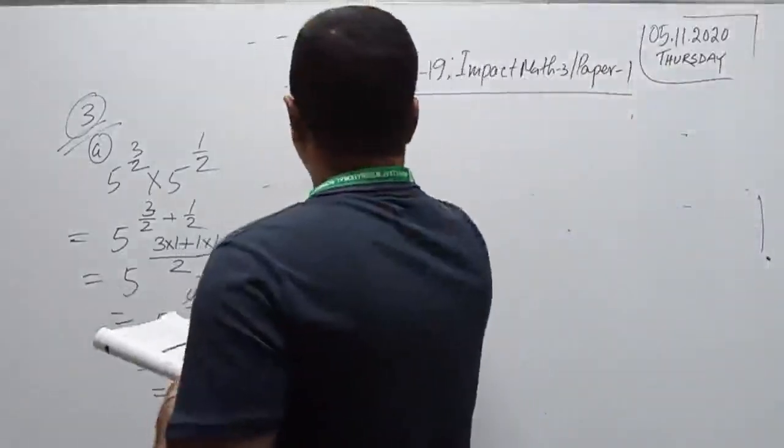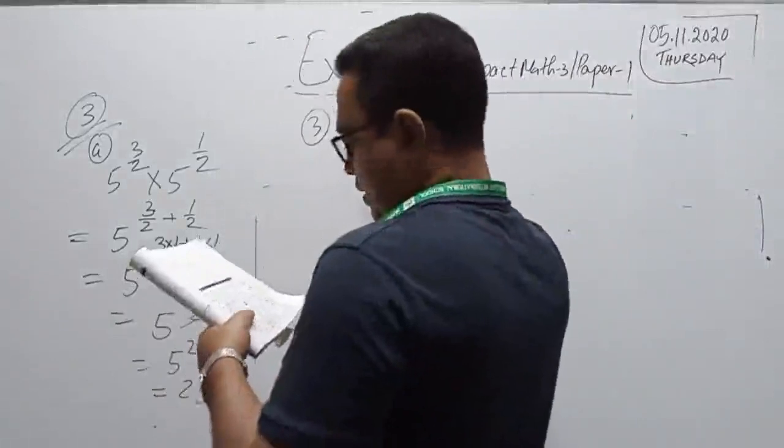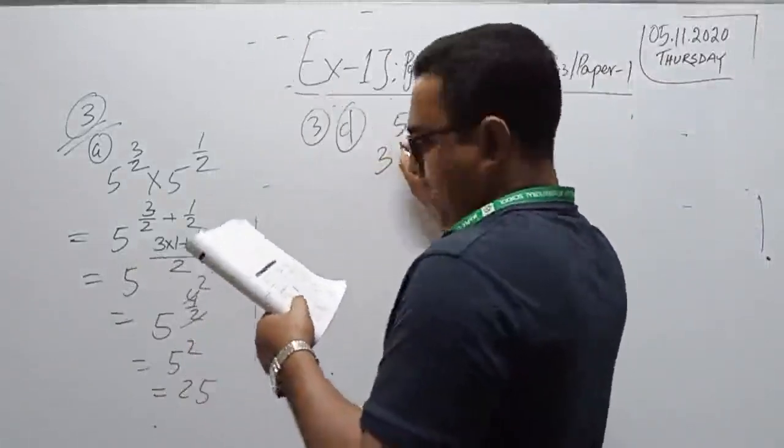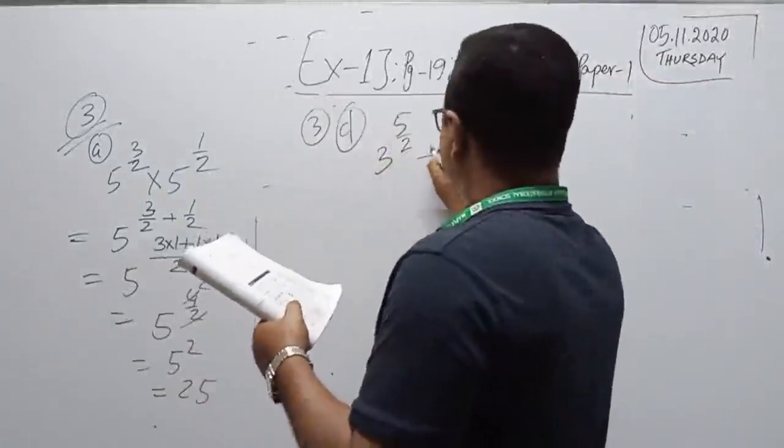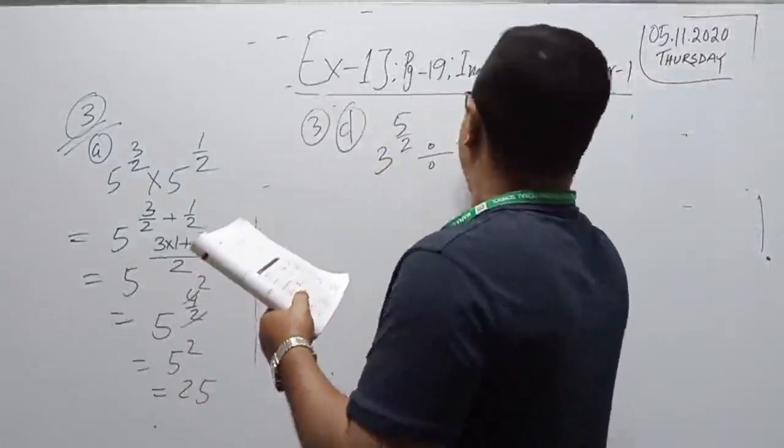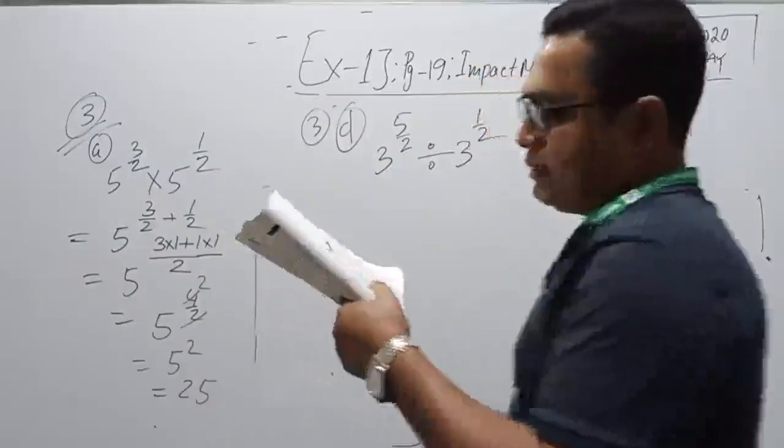Suppose 3D. 3 to the power of 5 by 2 divided by 3 to the power of 1 by 2.